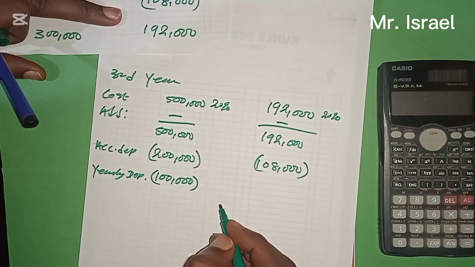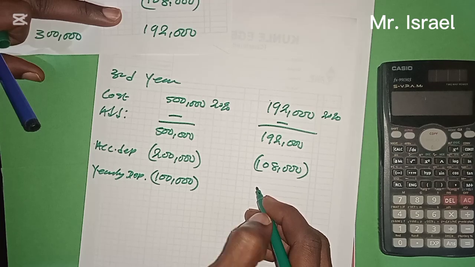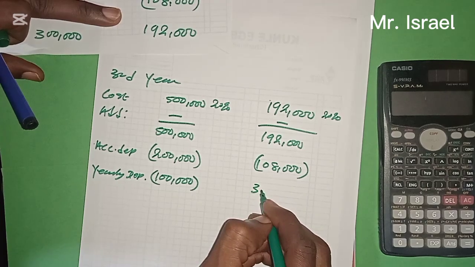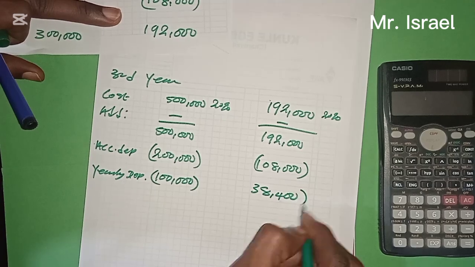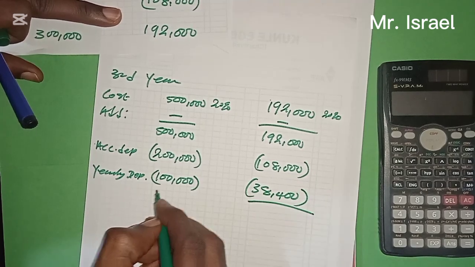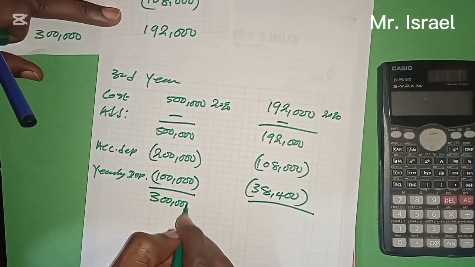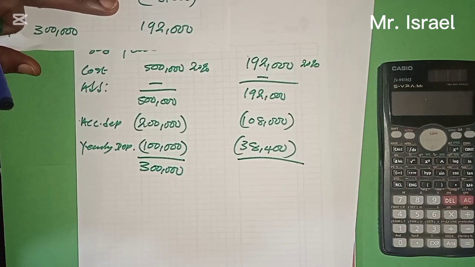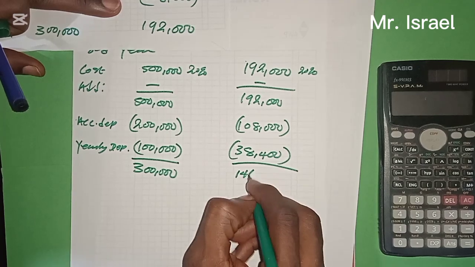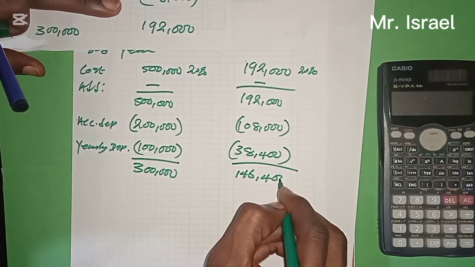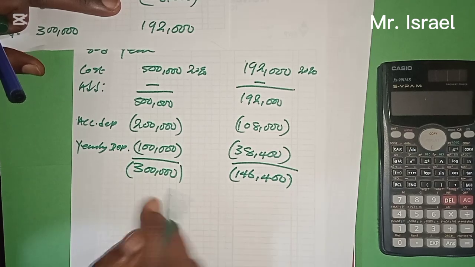Good. Now, what the 20% here will give us, please use your calculator to confirm my figures. So this will now give us 300. Hope you are seeing what I'm doing. Now here will now give us 146,400. All right.